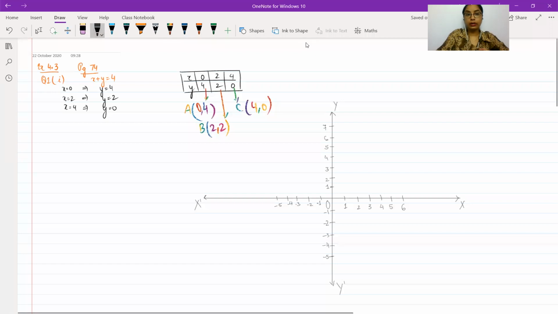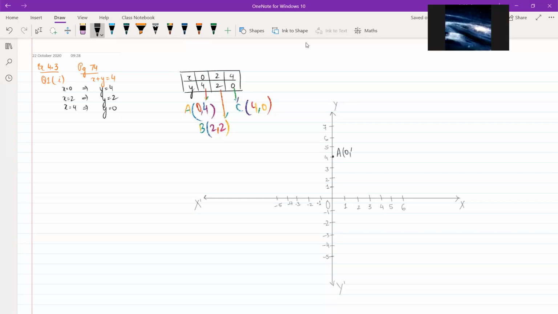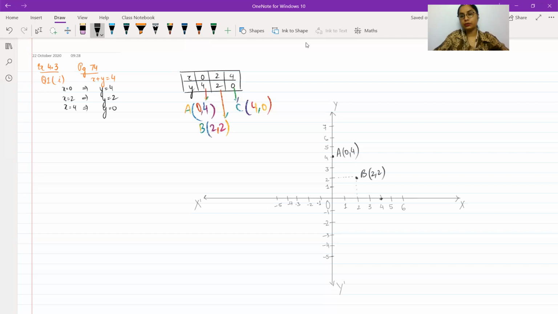If you haven't done already, please draw the coordinate axes on your graph sheet and then start plotting these points. So A (0, 4) will be on the y-axis. Then we have B (2, 2). And then finally C is (4, 0).